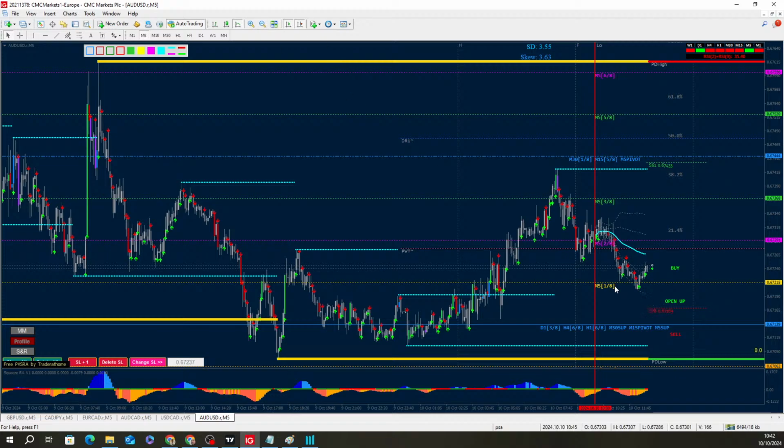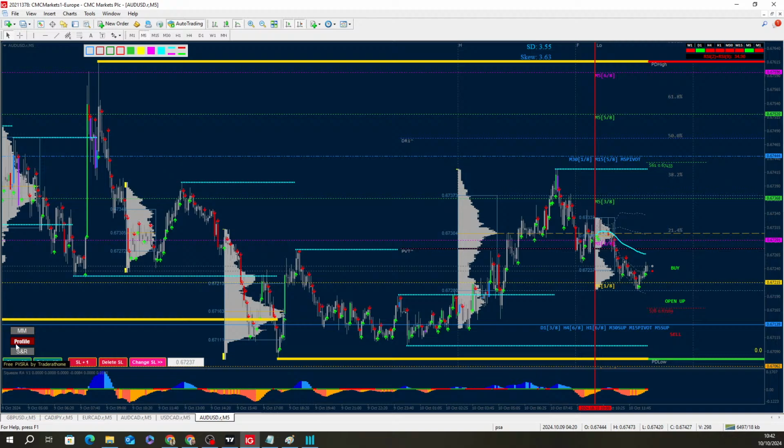As you can see, price is moving from 1 of 8, but we have a structure here that has been broken once, twice. So this is a sell. Or just let's look at the profile.